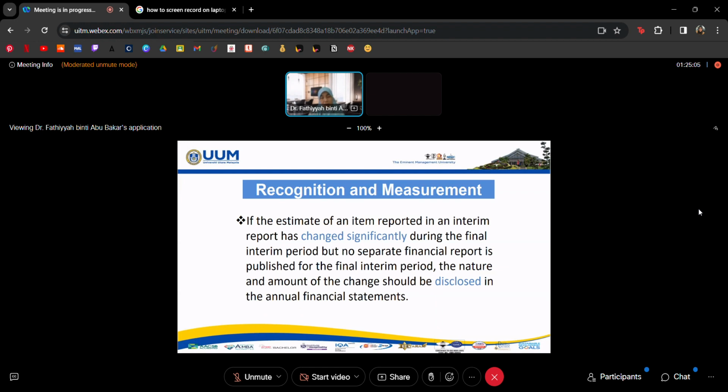Another thing you have to think about when you want to recognize and measure the accounts in the interim: if the estimate of an item reported in an interim period has changed significantly, let's say you want to change the estimation of the bad debt from 5% to 10% during the final interim period, but no separate financial report is published for the final interim period, the nature and the amount of the change should be disclosed in the annual financial statement.